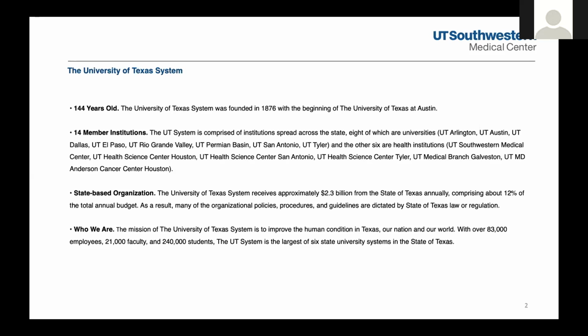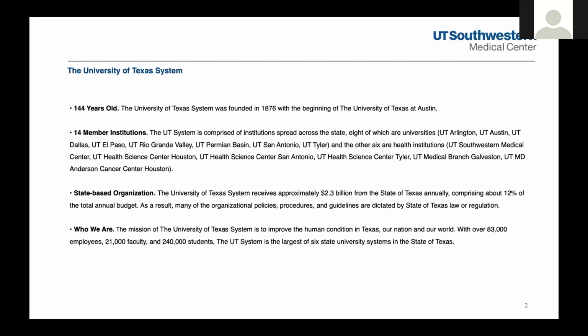We are a state-based organization, and what sounds to be a little bit different from the University of Michigan model, the University of Texas system and each of those 14 member institutions do receive state funding every year. Collectively across all 14, approximately $2.3 billion from the state funnels into the UT system, and that's about 12% of the system's total budgets. Part of what comes along with that, which I'll talk a little bit more about later, is being a state organization that receives state funding.